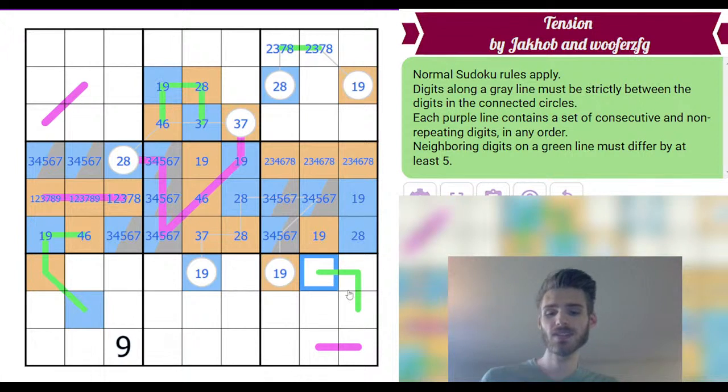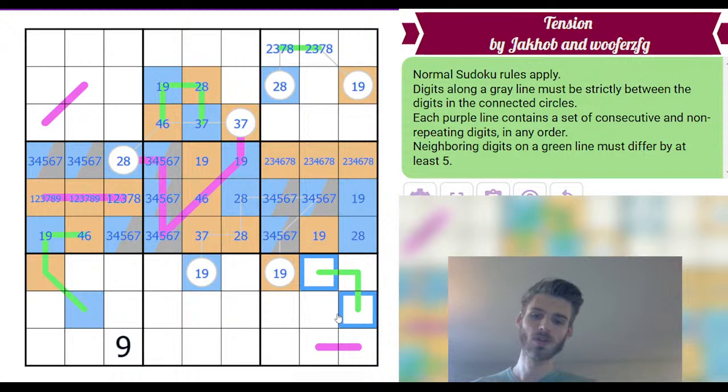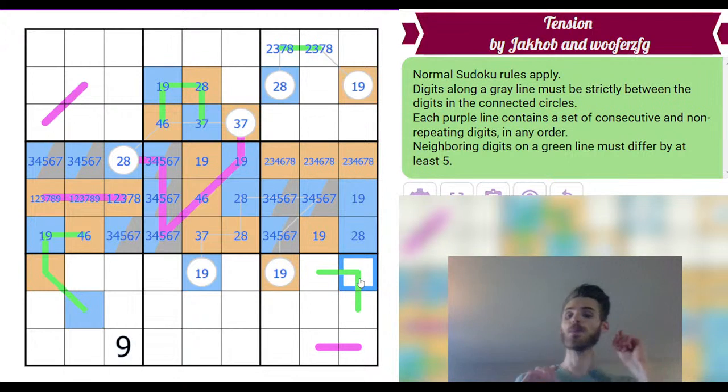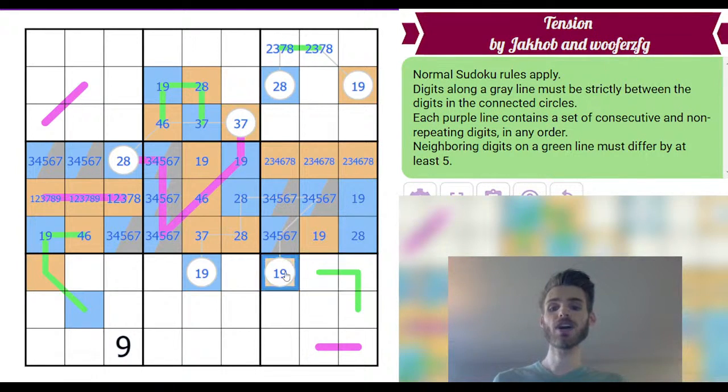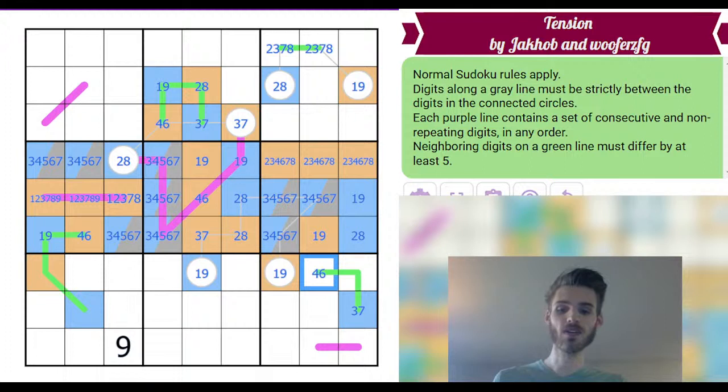So either this is a 2, 8, 3, 7, which are both blue, or this is a 3, 7, which is blue. But if it's a 3, 7, which is blue, it will need a 1 or 9, which is orange, around it. So that is not the case, and in fact, it is 3, 7, 4, 6. Like, not 4, 6, not 4, 6, not 4, 6, 2, 8, 2, 8.